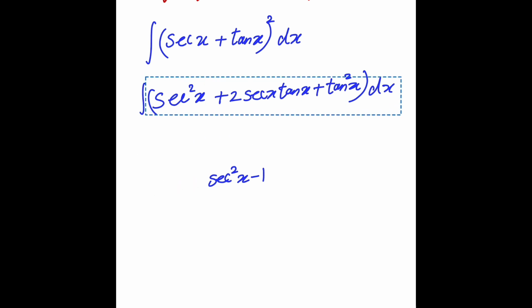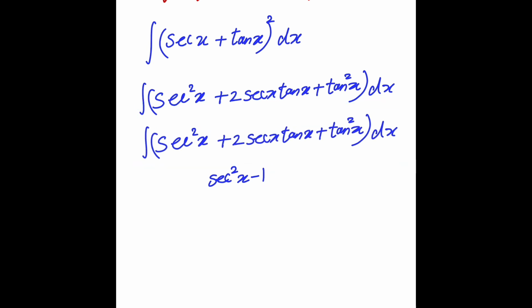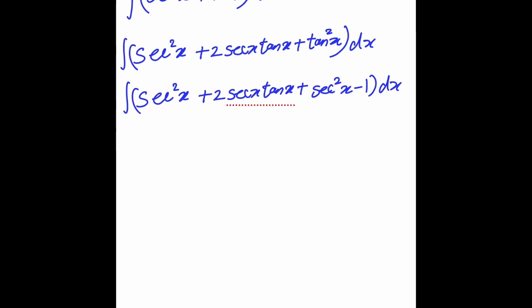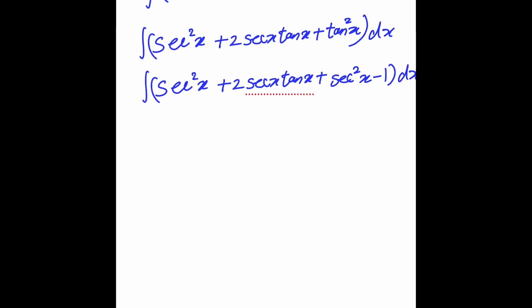Now let's simplify the expression. This will give us 2 secant squared x plus 2 secant x tan x minus 1.